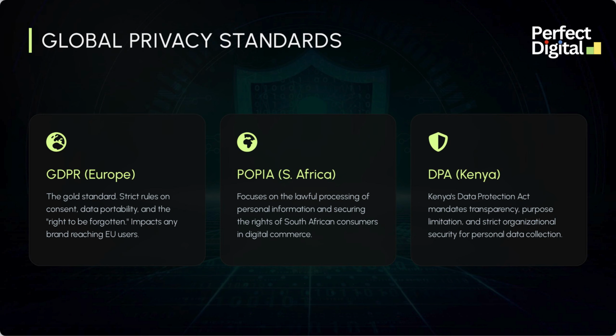Third is the DPA in Kenya, the Data Protection Act. Kenya's Data Protection Act is a vital framework that mandates total transparency, strict purpose limitation, and robust organizational security for all personal data collection practices.